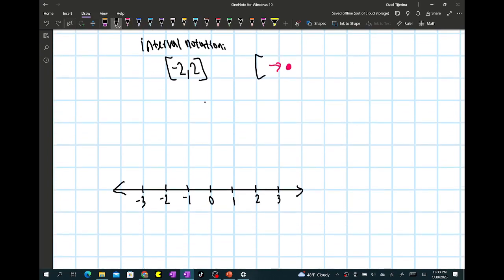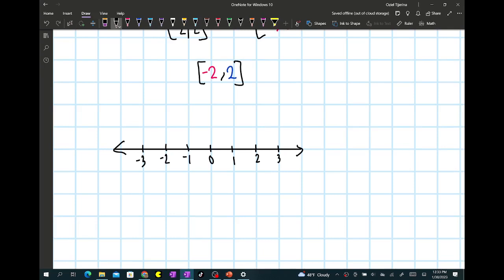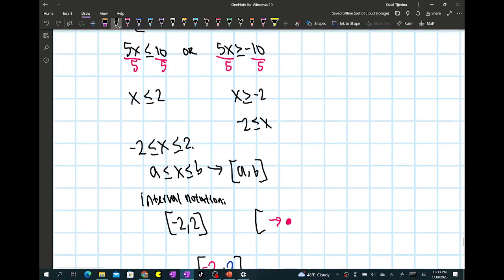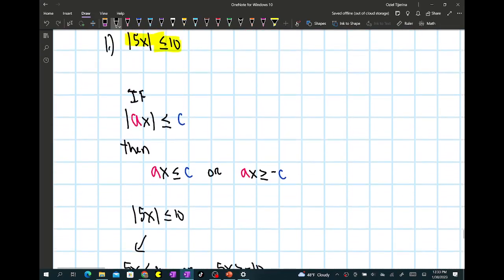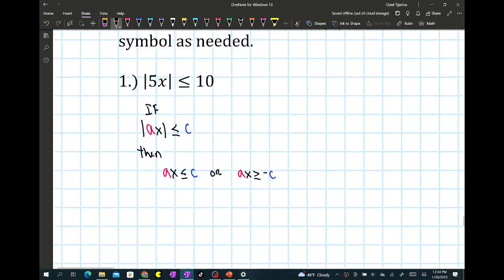So I put a closed dot at -2, and another closed dot at 2, right? Lastly, I shade in between those two points. This is how you would graph the inequality.